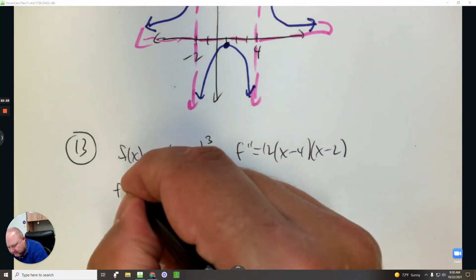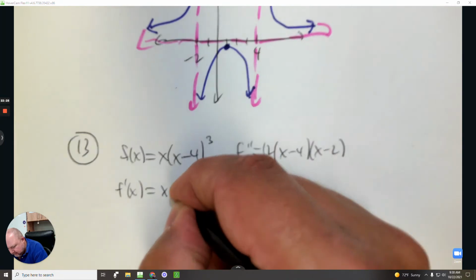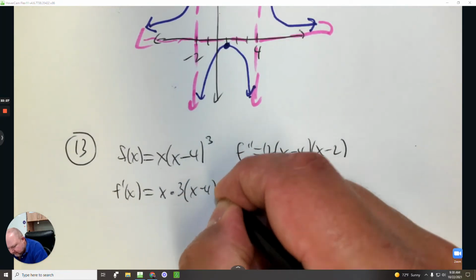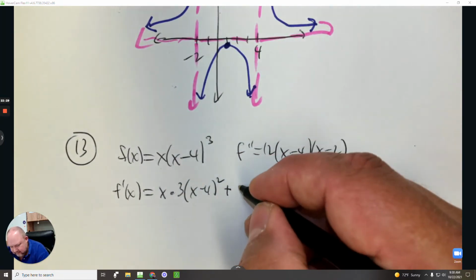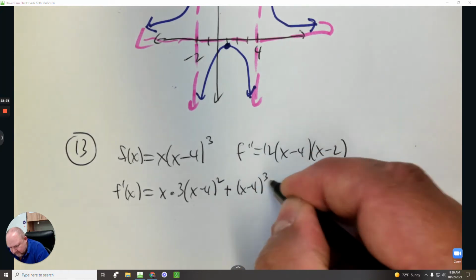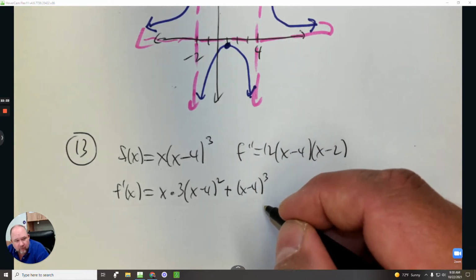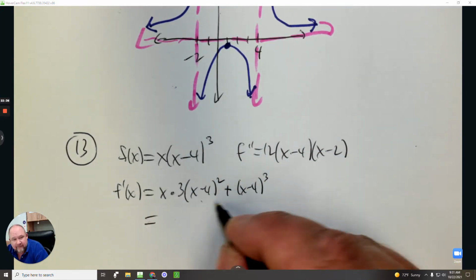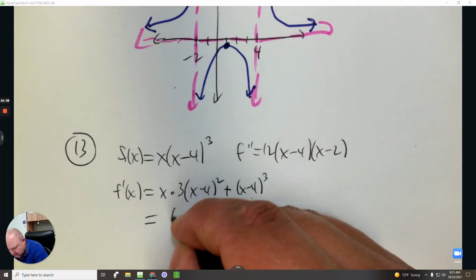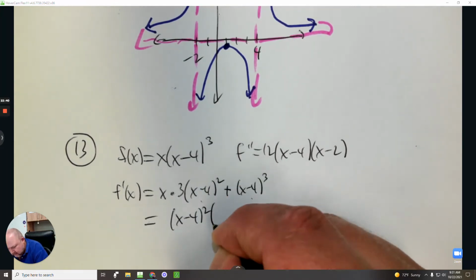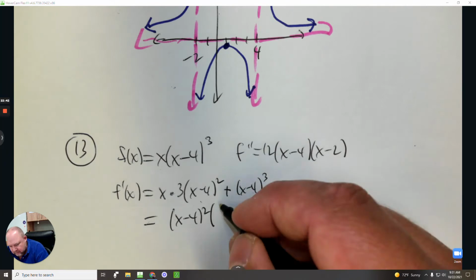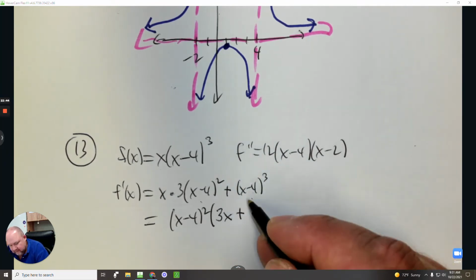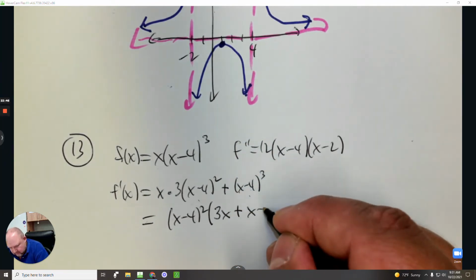So we're going to take the first derivative, that's the first, times the derivative of the second, plus the second times the derivative of the first, which is 1. To make it easier, I'm going to factor out (x subtract 4) squared, and then what I'm left with is 3x plus x minus 4.